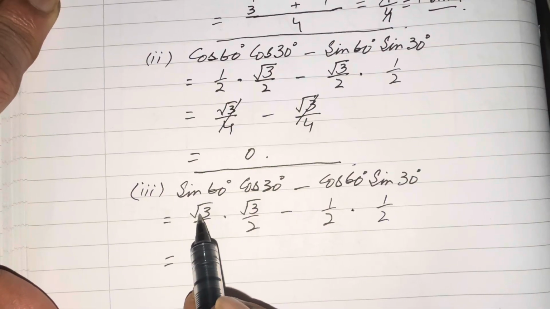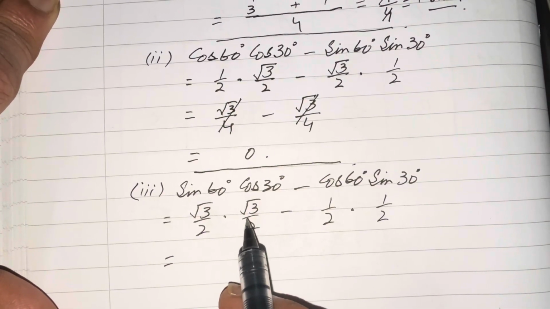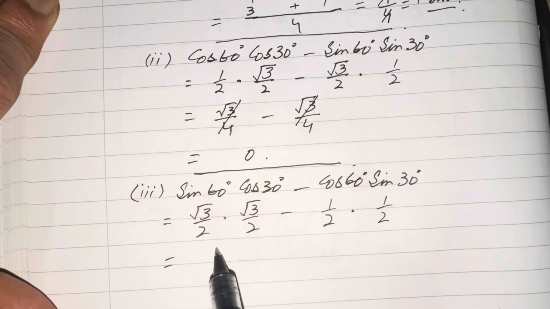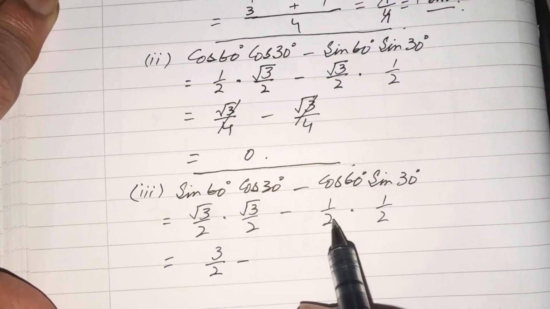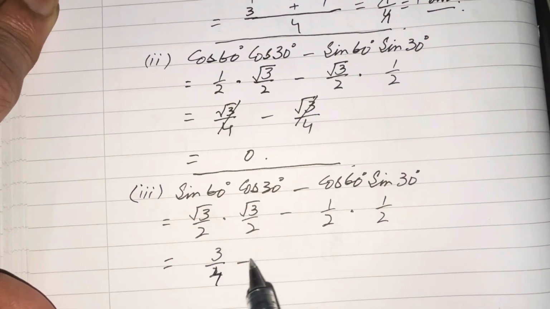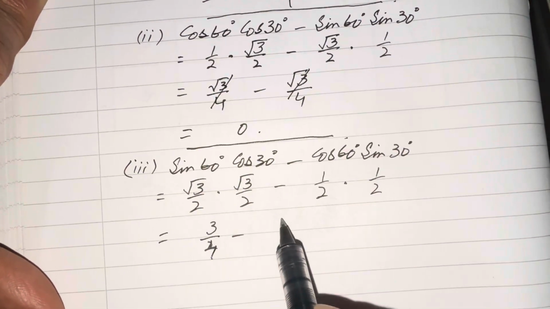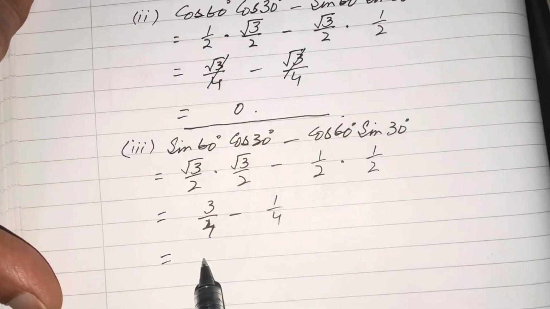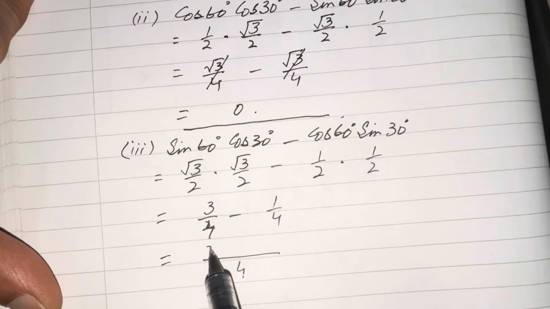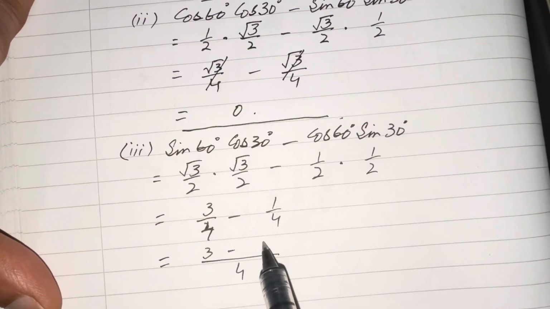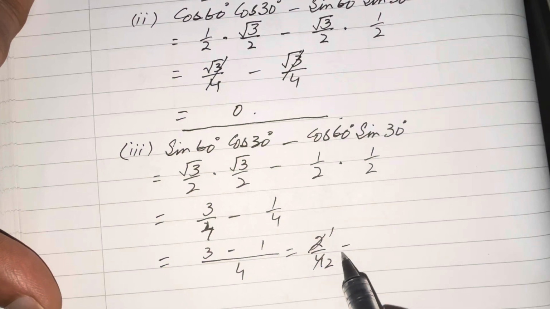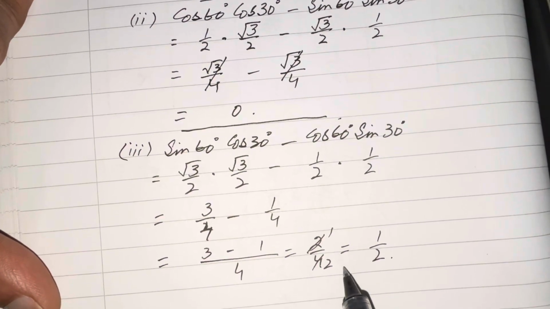Root 3 multiplied by root 3 will be 3 divided by 2 times 2, that is 3 over 4, minus 1 over 2 multiplied by 1 over 2, which is 1 over 4. Now take the LCM, which is 4, and the answer will be 3 minus 1 equals 2 over 4, and 2 ones are 2 and 2 twos are 4. The answer will be 1 over 2.